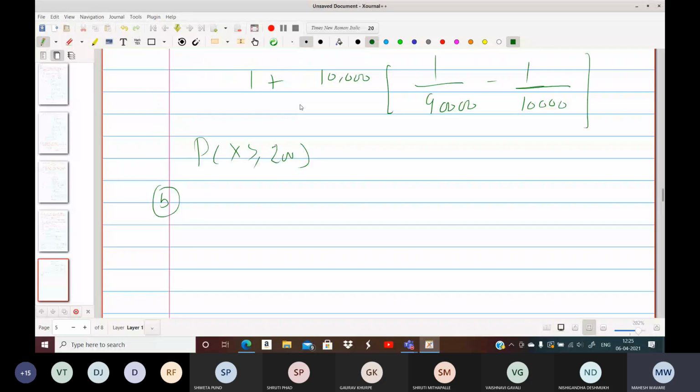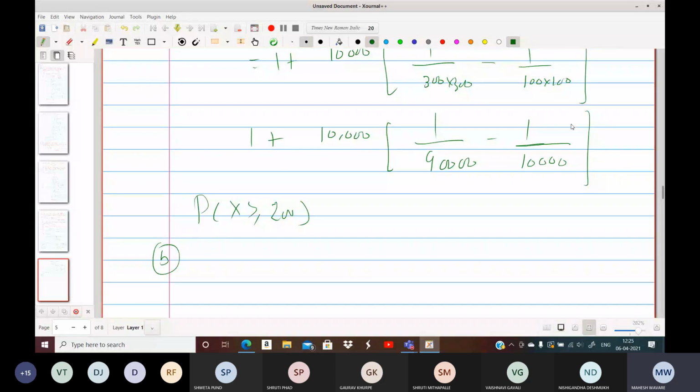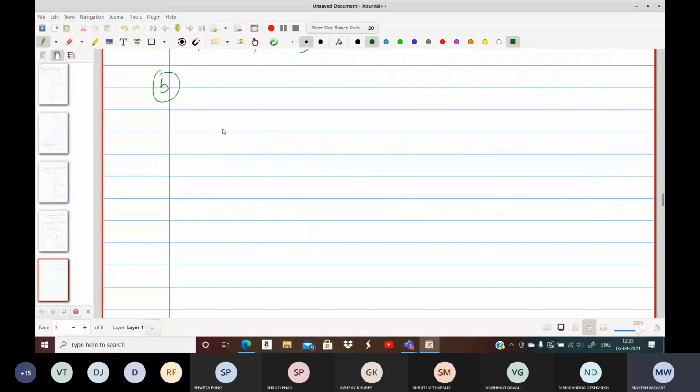Now the probability of x from 80 to 120 means you want to integrate f of x from 80 to 120. What is the value of f of x? F of x value is 20,000 upon x plus 100 cube, when x is greater than 0.